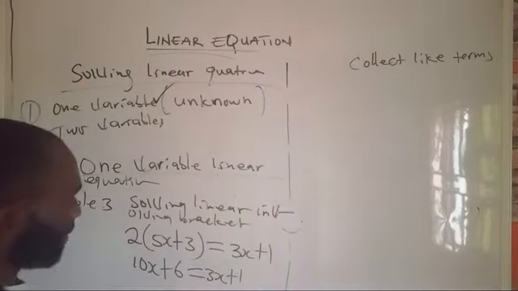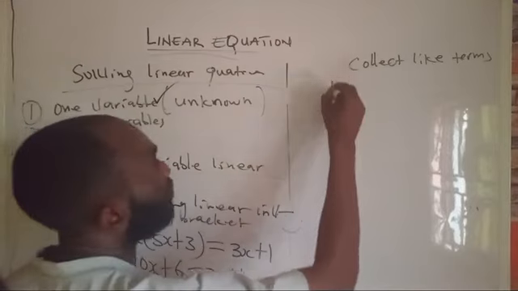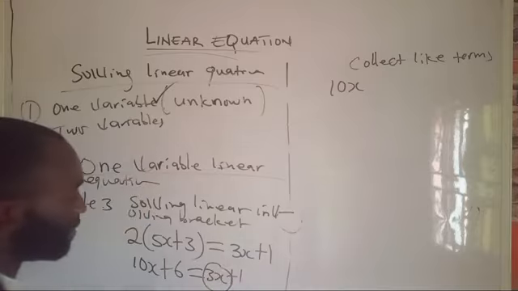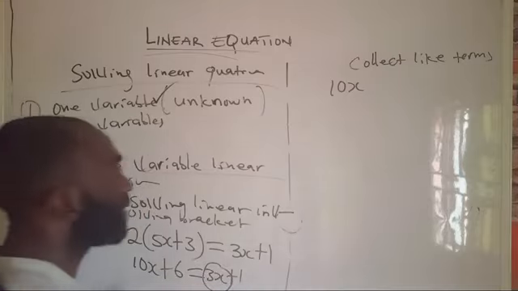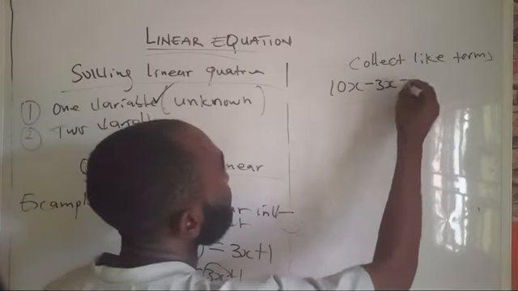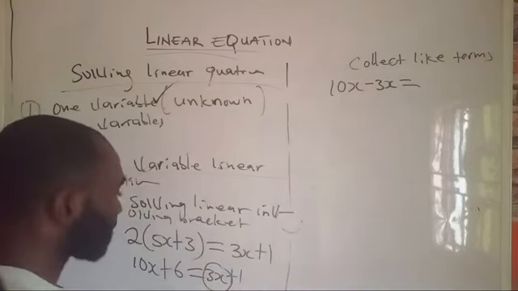So here we are going to take 3x to the other side, so we now have 10x. This 3x here has a plus sign, while coming to the left hand side the sign changes to minus 3x, and that will become minus 3x is equal to, from the other side, we are having a 1.